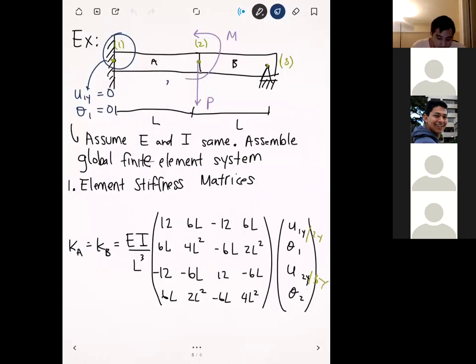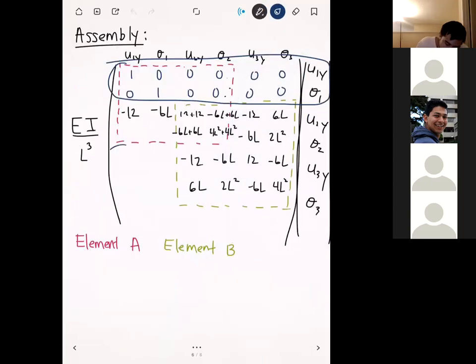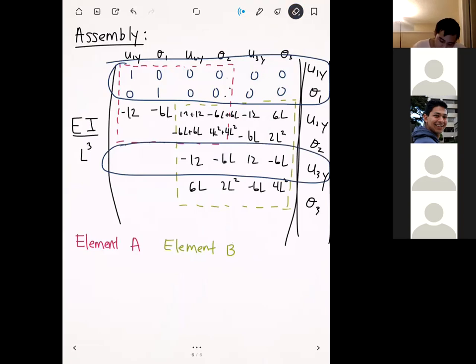And then now let's look at the pin support boundary condition on node number 3. So node number 3, we have a pin. And so for a pin, we're going to leave the rotations alone. We're not going to do anything to theta 3. But what it does tell us is that u3y is going to be equal to 0 here. So let's go ahead and change the row for u3y, which is going to be this guy right here.